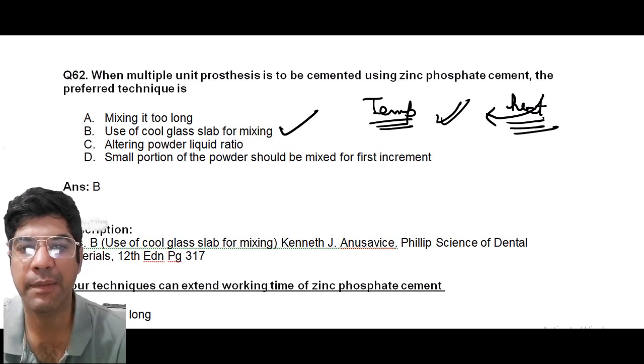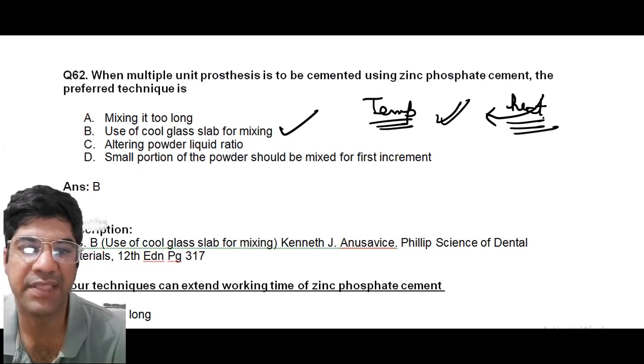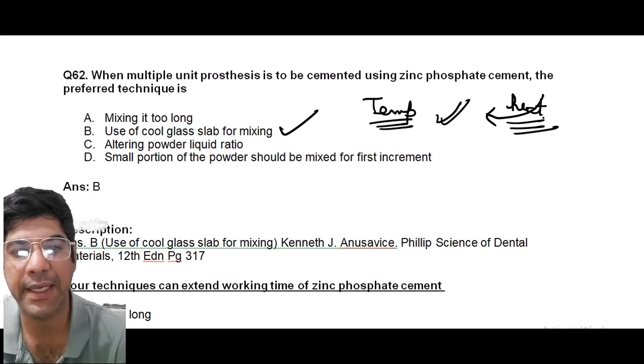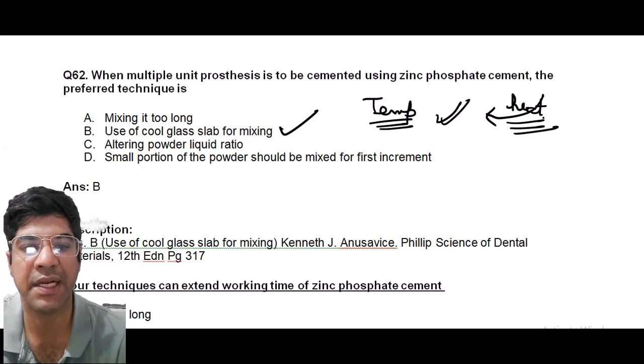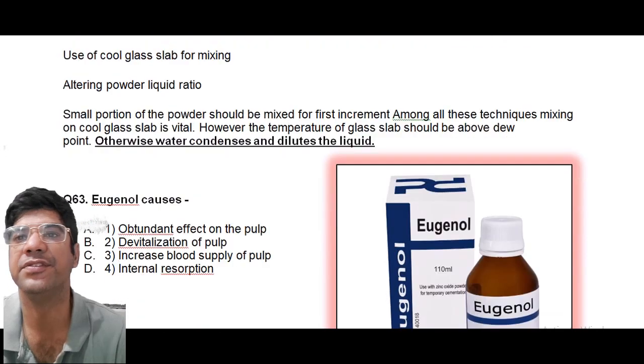So mixing on a cool glass slab extends the working time of the cement. So when cementing multiple unit prostheses, that may require more time for proper placement and adjustment. So your answer is B.